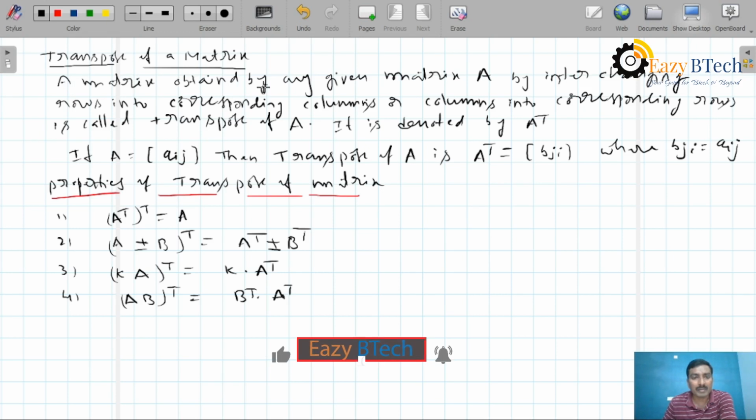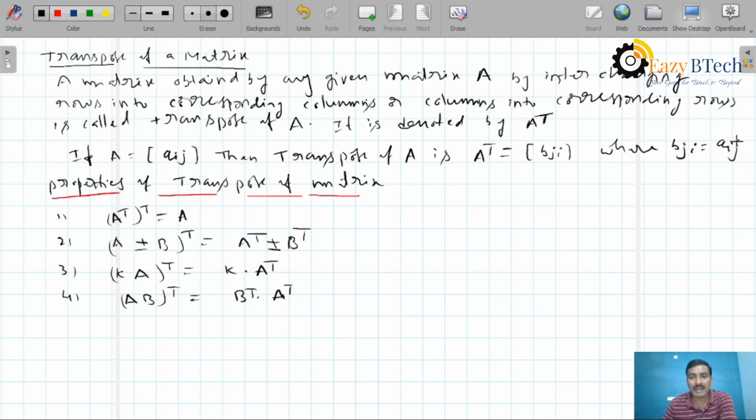A matrix obtained from any given matrix capital A by interchanging rows into corresponding columns or columns into corresponding rows is called transpose of capital A. It is denoted by A transpose or A power T. If capital A equals small aij, where aij is an element in the ith row and jth column, then the transpose is A transpose equals Bji, where Bji equals Aij.